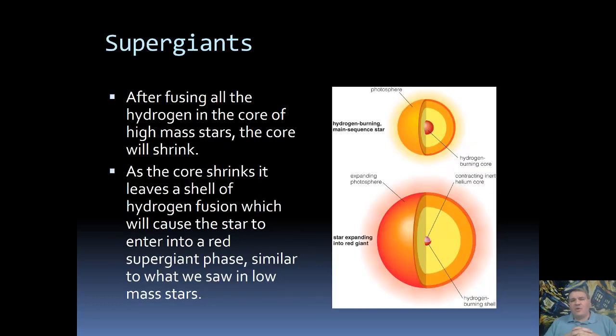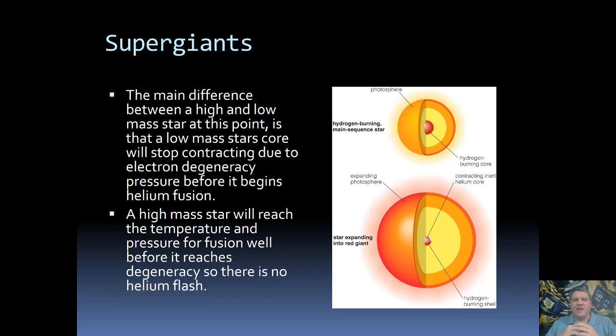Now, after all of the core hydrogen has been used up, just like we saw before, we're going to, at first, have the core begin to shrink because it has less pressure. Now, as the core shrinks, it will leave behind a shell of hydrogen fusion, just like we saw in low mass stars. Now, at this point, we see the really big difference between high mass and low mass.